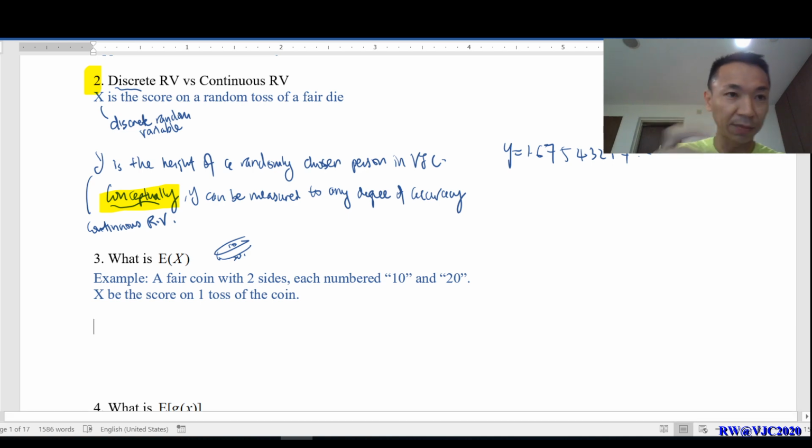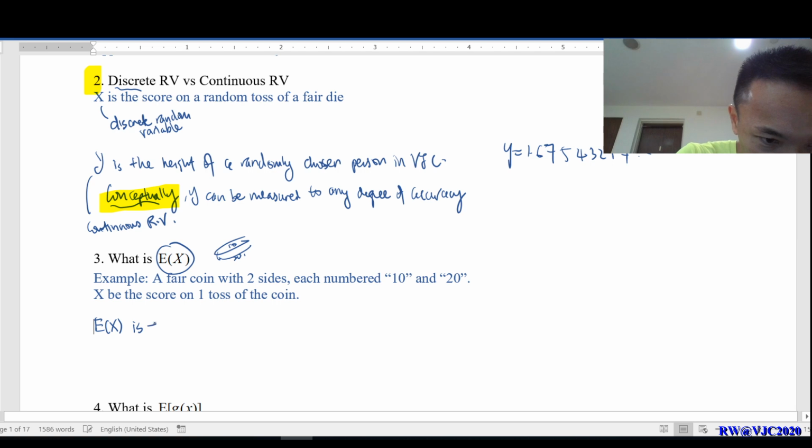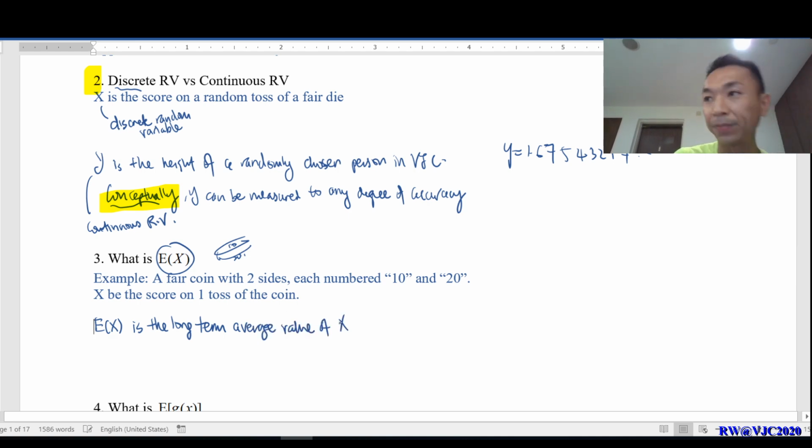Expected value of X is the long-term average value of X. Long-term average value. I think it's quite easy to understand.